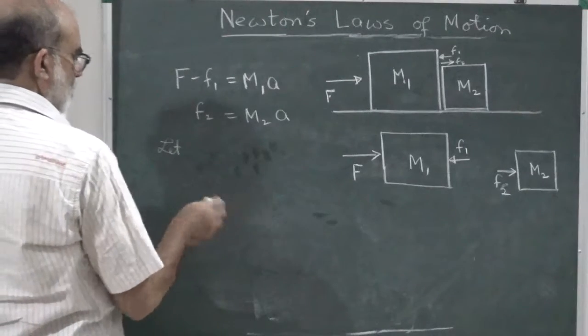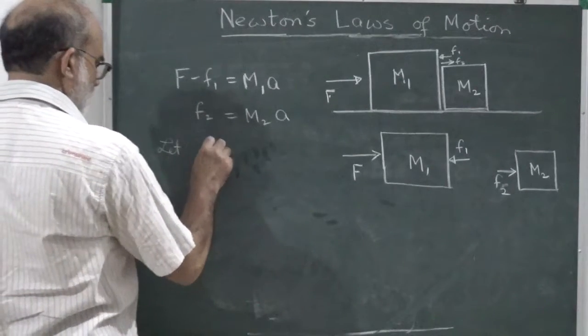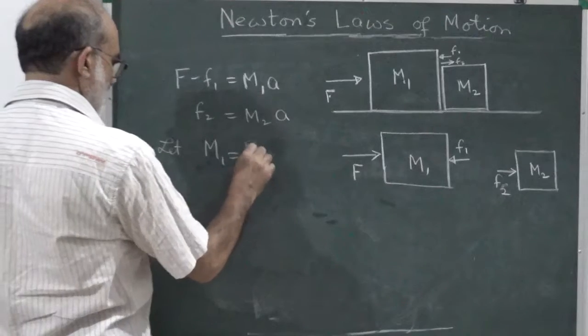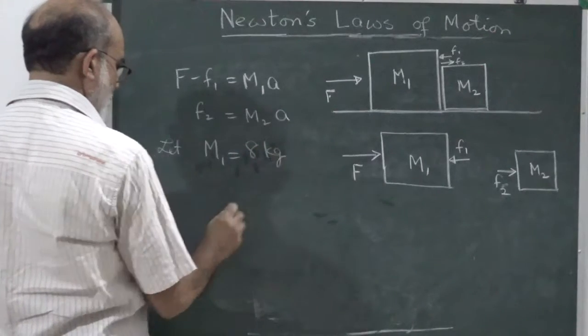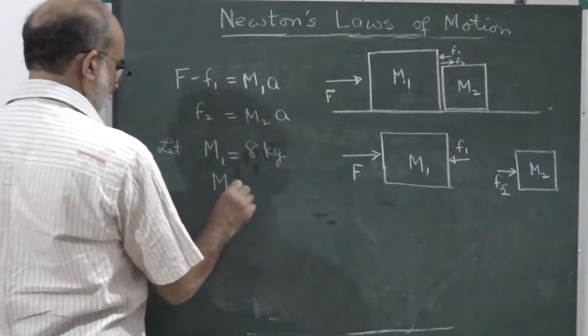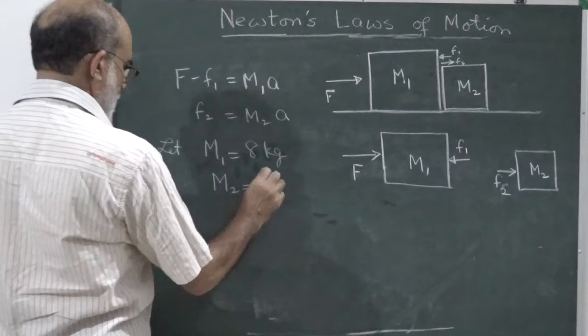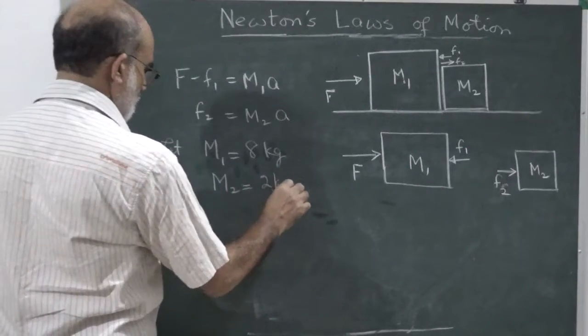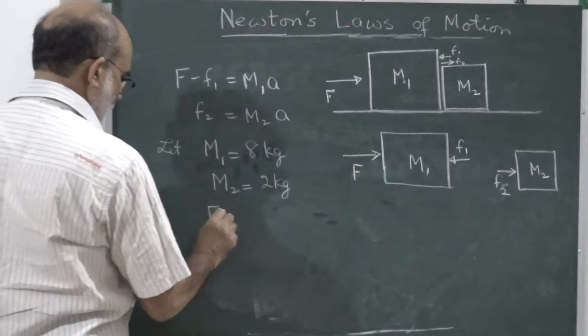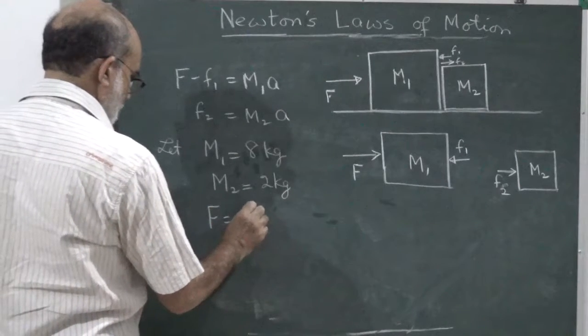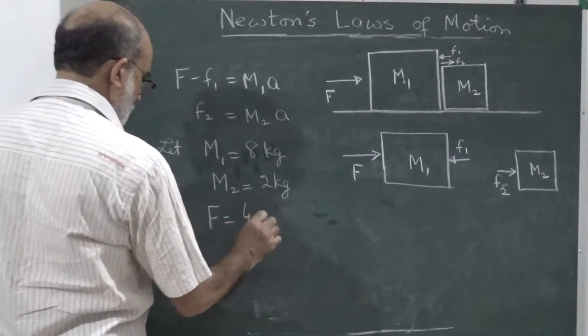So now the values of M1 and M2 are given. M1 is, say, 8 kilogram and M2 is, say, 2 kilogram and F is, say, 40 Newton.